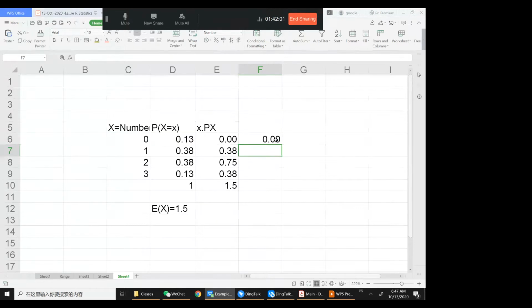Just instead of squaring, I'm just doing that. So that's how we do that. And if we calculate it, it's 3. So 3 minus 1.5.